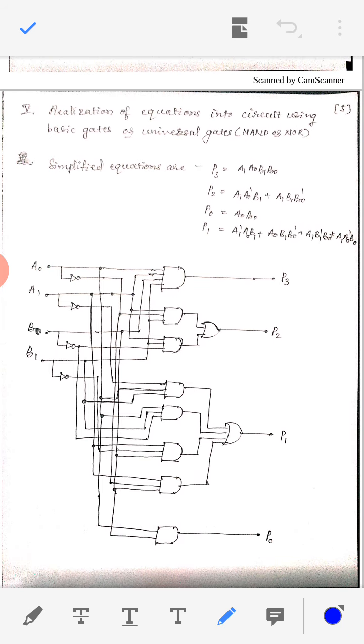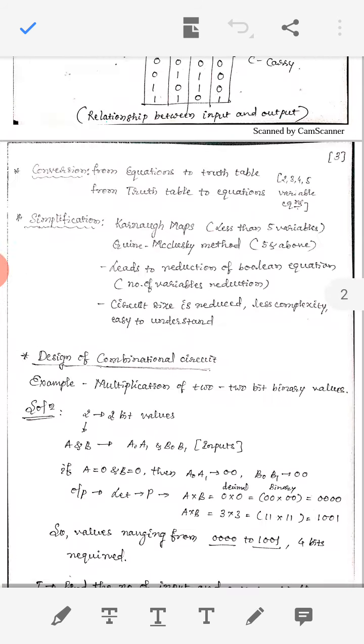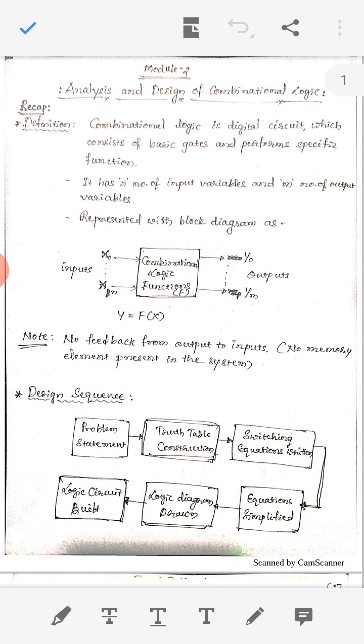We have seen what a combinational circuit is, what it means, why it is required, what it is made up of, and how we need to design it. As we have seen in the block diagram, first we define the problem statement, then convert it into a truth table, then write the equations from the truth table, then simplify the equations, then draw the logic diagram, and replace each individual block with logic circuits.